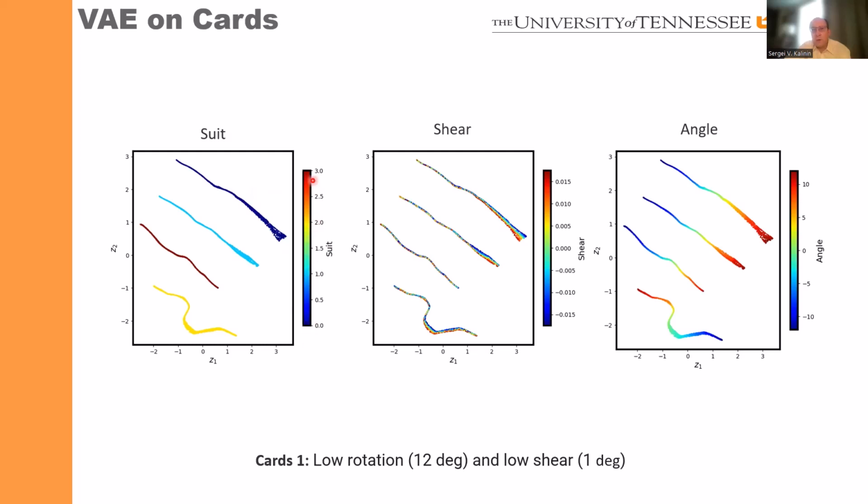We have 4 suits of cards, so 4 labels. See what happened. If we take our data and encode it in the latent space, you can see that it formed 4 well-defined manifolds. These manifolds are not linear. They have some sort of weird wiggly shape, but each manifold corresponds to a specific suit. So these are diamonds, these are hearts, and so on and so forth.